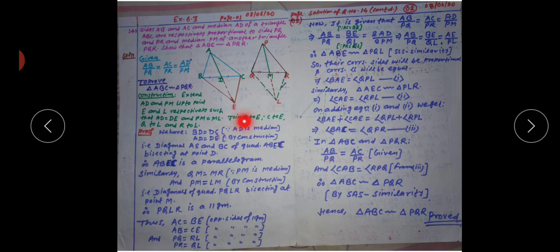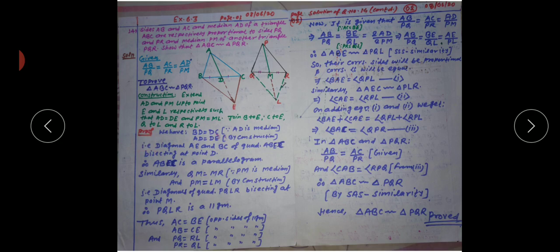And then join B to E, C to E, Q to L and R to L. So this is the construction for proving question number 14.